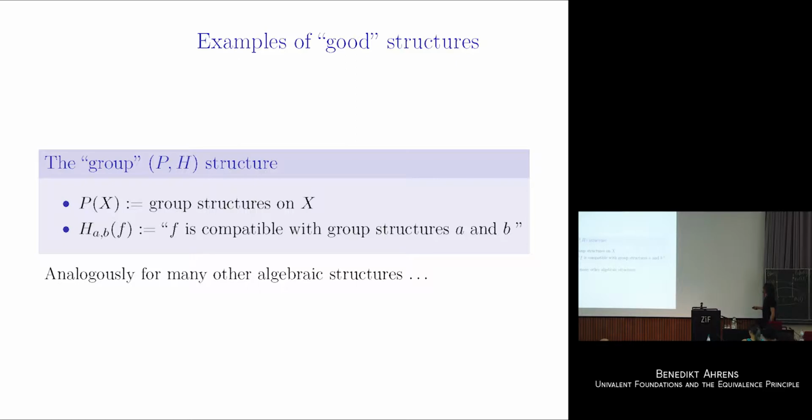P of X is the set or the type of group structures on X, and H A B of F means F is compatible with the group structures A and B on X and Y, the carrier sets, which are hidden arguments here. Analogously, we can define many other P and H structures, in particular for the examples that I gave earlier for preordered sets, for discrete fields, and so on.